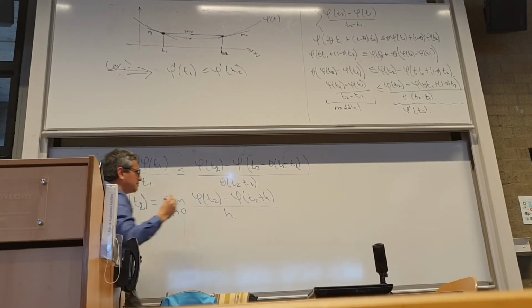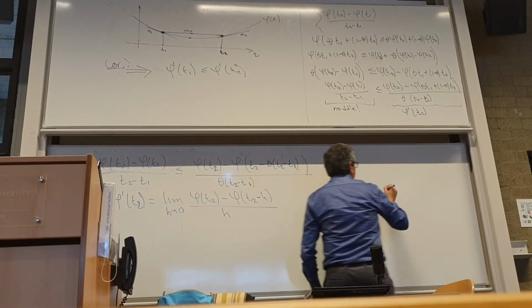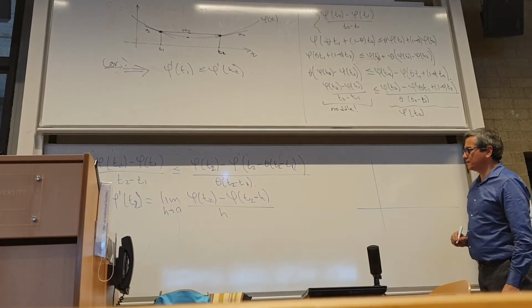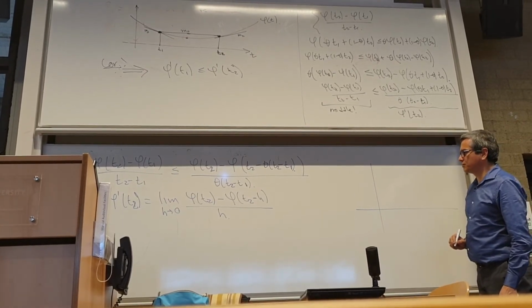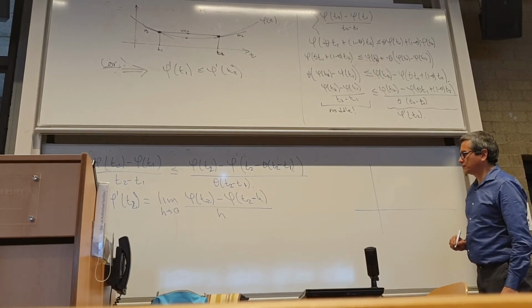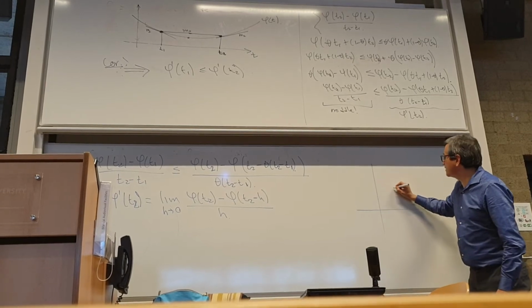Actually, I have it wrong. The minus here, yeah. What is the definition that is the slope? I was wondering why I'm having trouble with the sign, but that's the right one.